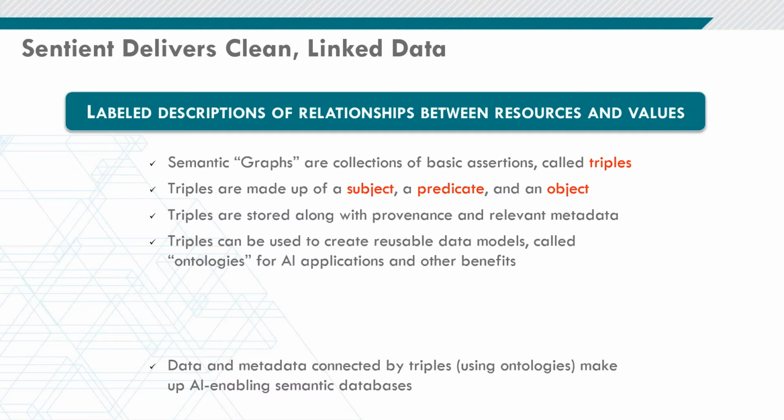So this gives you clean linked data. When we talk about linked data, we talk about collections of these assertions called triples. When we do data harmonization using the Sentient system, that's the software that Melissa Data provides, we keep provenance. In other words, if we make any transformation to the data, let's say we change the name acetaminophen to Tylenol in order to bring it into a preferred terminology, we'll keep the provenance.